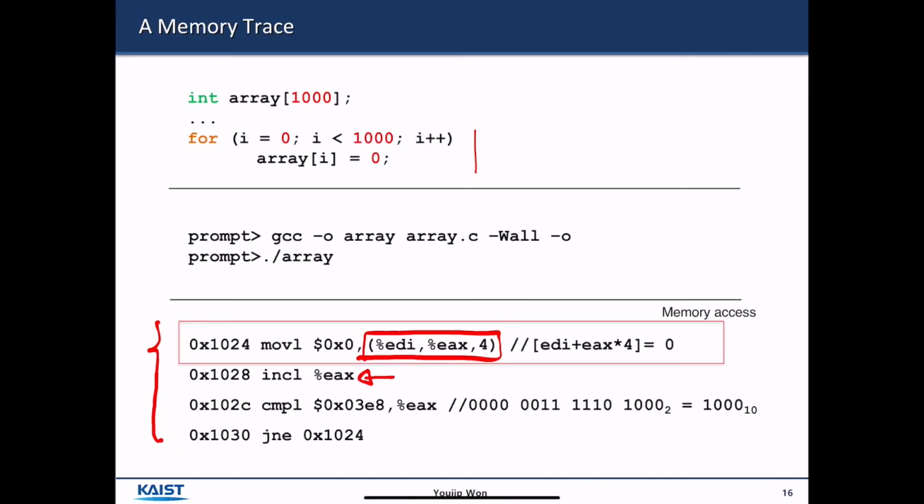And then it checks if the index is the same as 1,000. If they're not the same, then it jumps to the address 1024. And 1024 is the starting address of the loop. So this program iterates this loop 1,000 times, and each time it iterates the loop, it assigns 0 to whatever address this register represents.